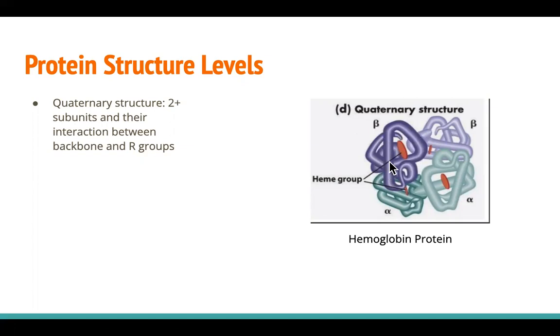But the minute you get multiple polypeptides together, where this one's in tertiary structure, this one's in tertiary structure, this one's in tertiary structure, if they all come together, now it's a quaternary structure. So you have 2 or more subunits that are interacting with their backbones and R groups. And the same bonds that apply to tertiary, like hydrophobic, hydrogen, ionic, all those apply to quaternary as well.